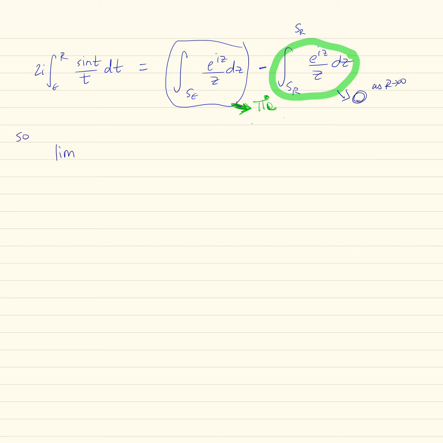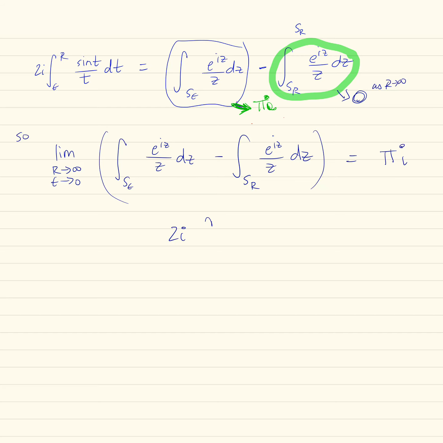The limit as r goes to infinity and as epsilon goes to 0 of the integral over S epsilon of e to the iz over z dz minus the integral over S_R of e to the iz over z dz is going to equal pi i, right? But now this is the same as 2i times the integral from epsilon to r of sine t over t dt, with the limit as r goes to infinity and epsilon goes to 0 being pi i, right?